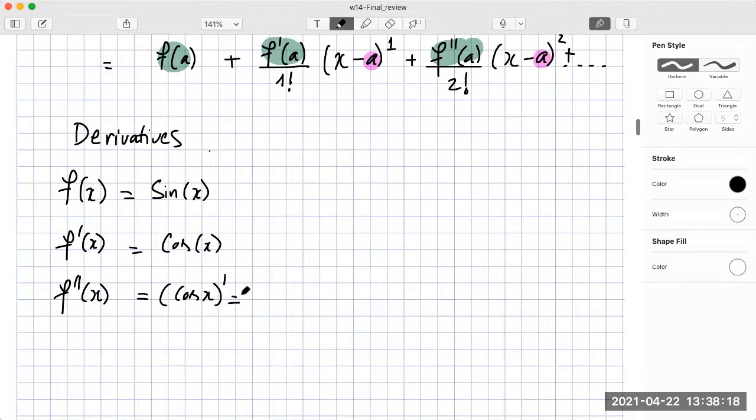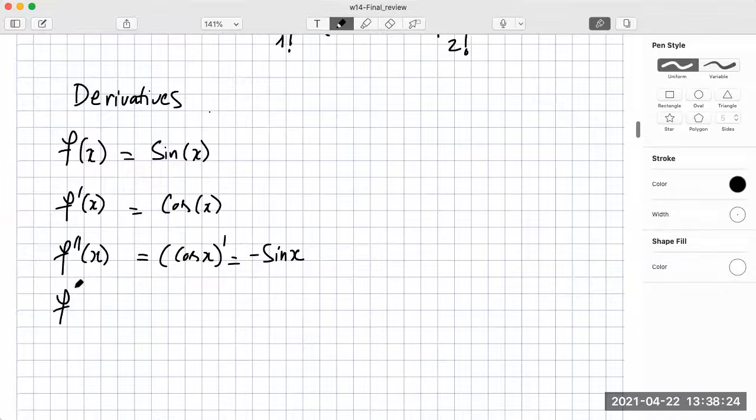And what is it? Very good. Thank you. So what is the third derivative? The derivative of this will be negative cosine.